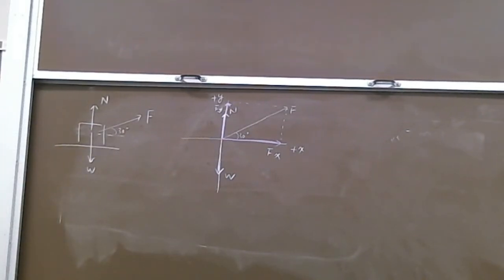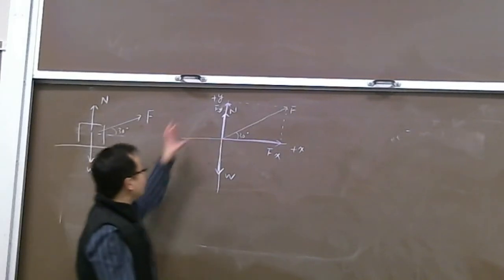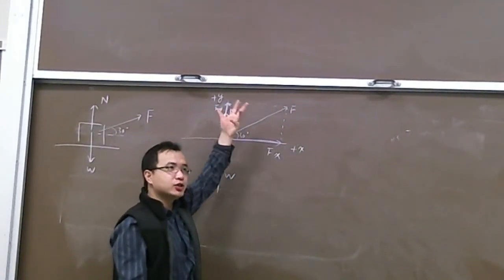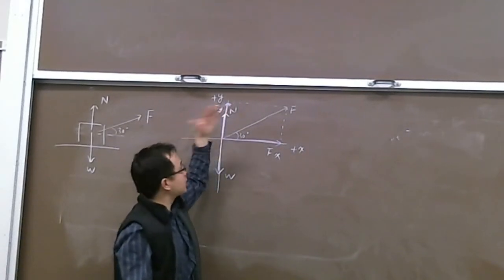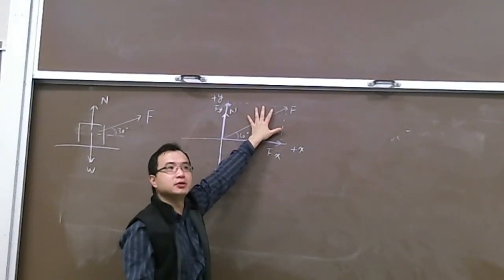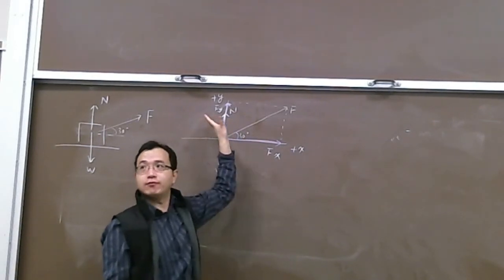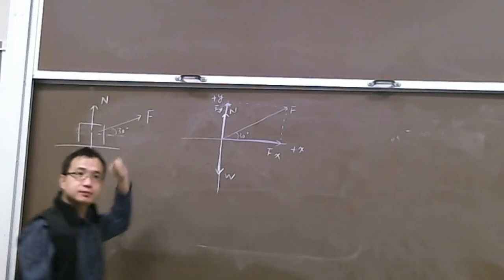Okay, and after you do the decomposition, then you will have Fx and Fy instead of F. You need to think that after you do the decomposition, this original force disappears. What is left for you is Fx and Fy. Any question here?